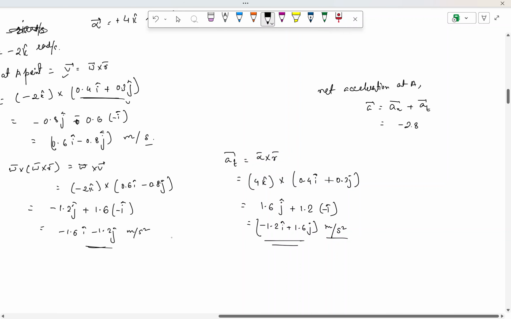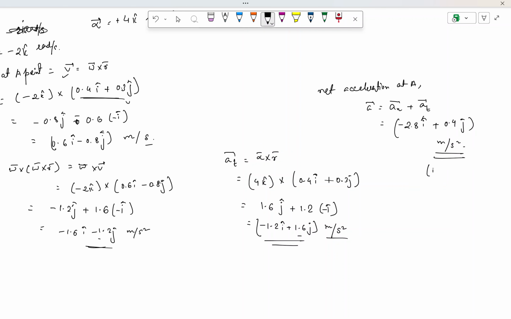So i cap wise, this is minus 1.6 minus 1.2, so this is making it minus 2.8 i cap, and this is minus 1.2 plus 1.6, so this is making it plus 0.4 j cap. This is the final answer.